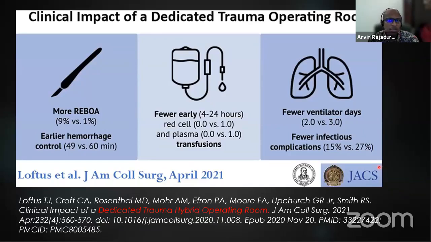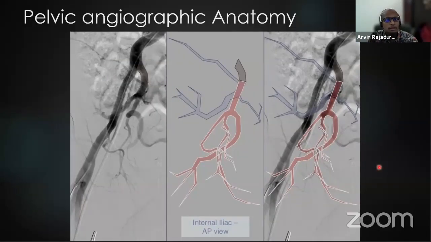This is by having a dedicated trauma operating room. That means the patient is resuscitated and operated on in the same room, like what I showed just now. All right. So when a patient comes to me, the most important thing, of course, is I have to be very well versed with the angiographic anatomy of the pelvis. And this is generally the kind of image that I will end up seeing.